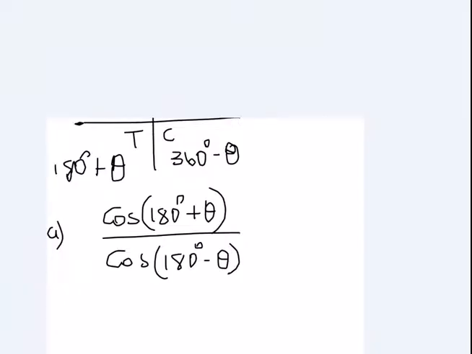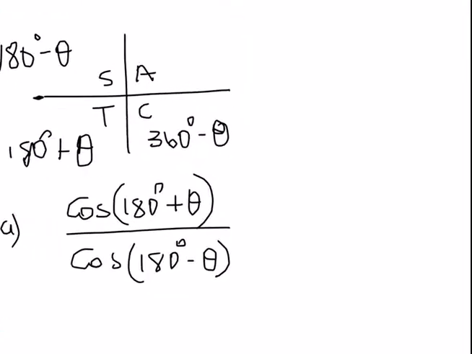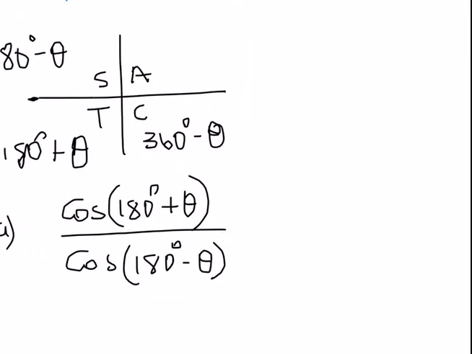Okay, so how do you do it? Firstly, look at the numerator. It's like you're dealing with it separately. Cos of 180 plus, which quadrant? Quadrant number 3. Is cos positive? Nope. That's why I will rewrite it as negative cos of that. Then let's go to cos of 180 minus. Which quadrant?